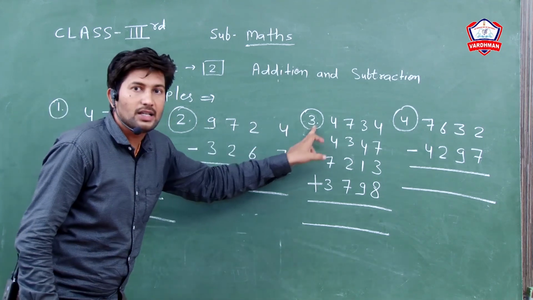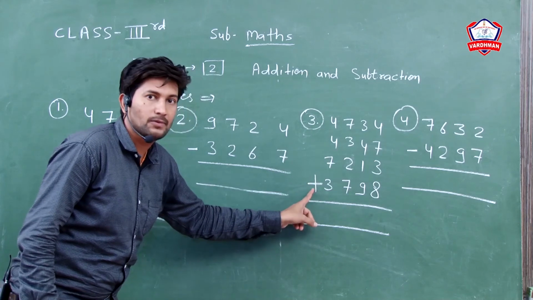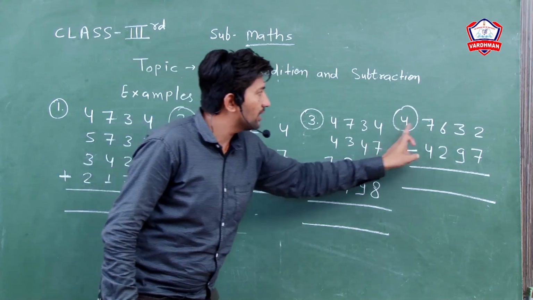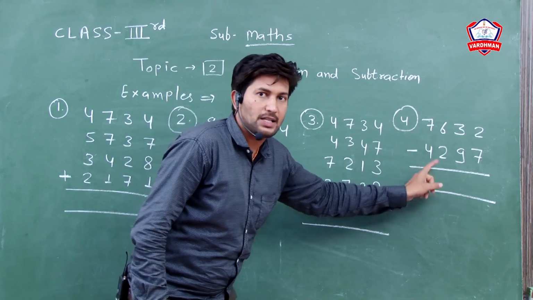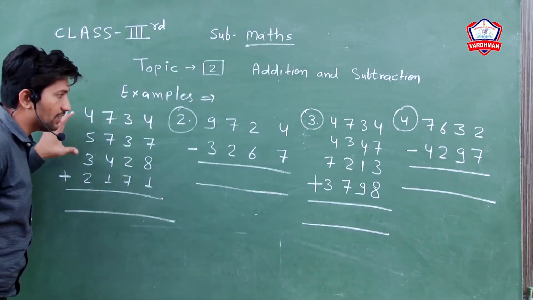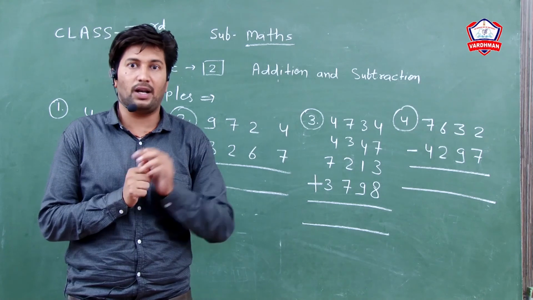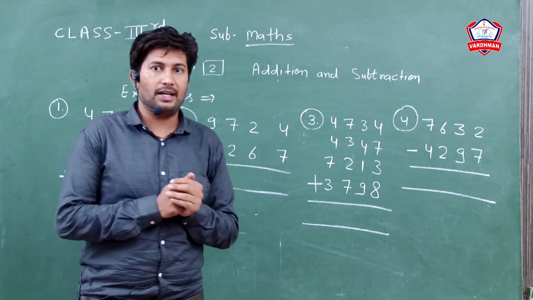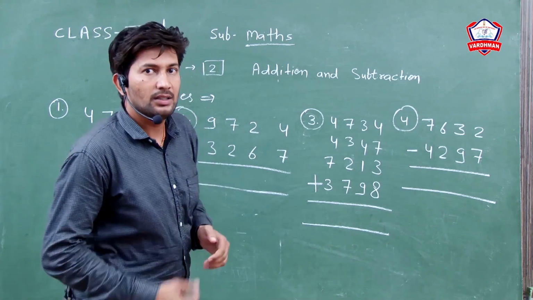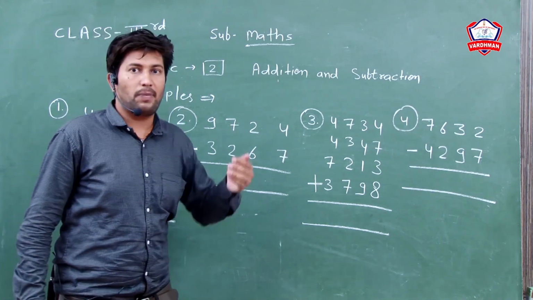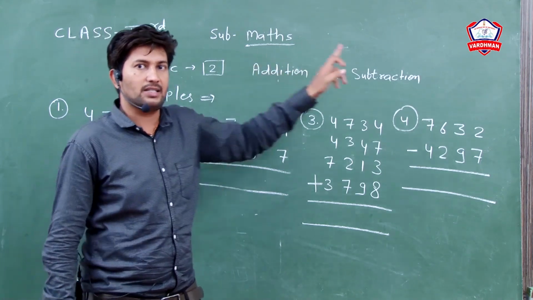Now the third is also an addition. Okay, and the fourth example is also a subtraction. Now you have 4 examples and you also solve these examples in your homework, and next day we will do the outer part and higher part of this addition and subtraction.